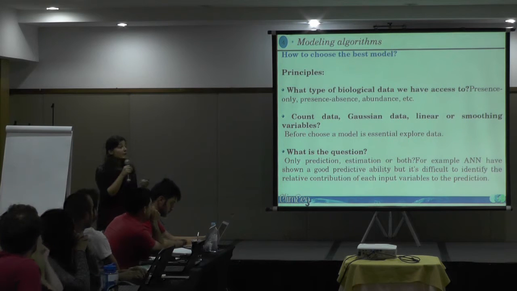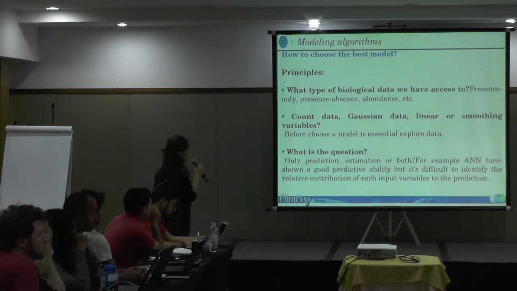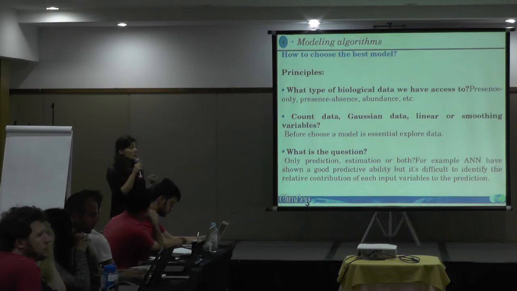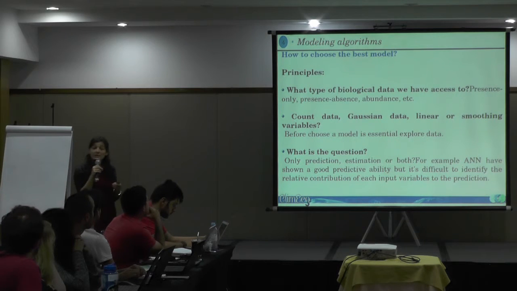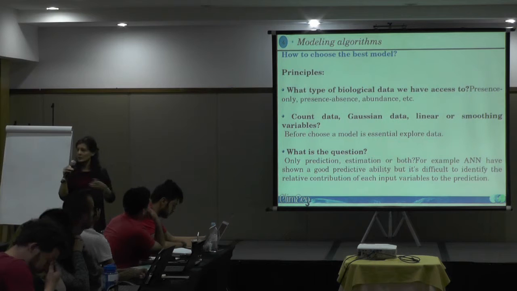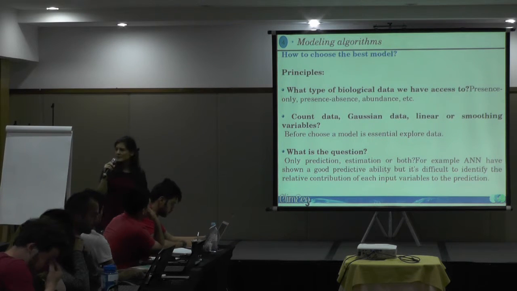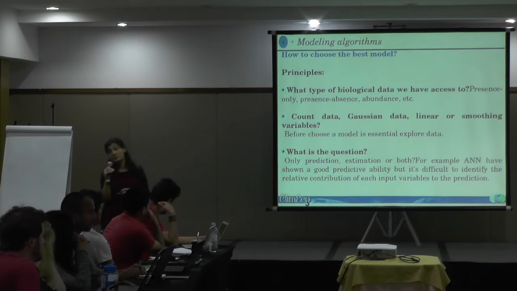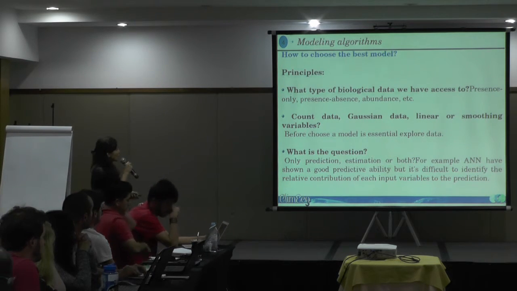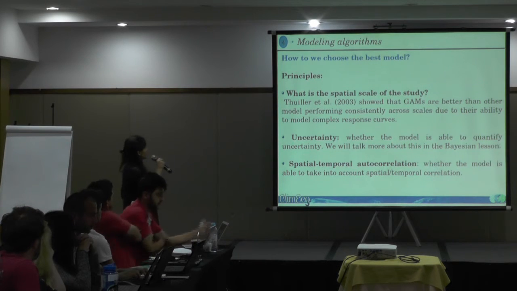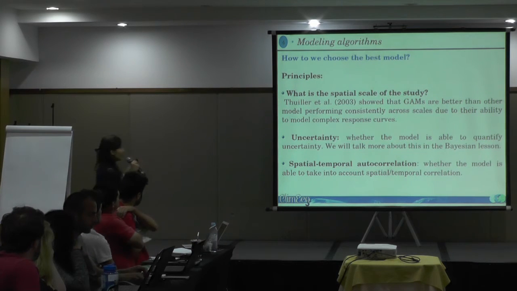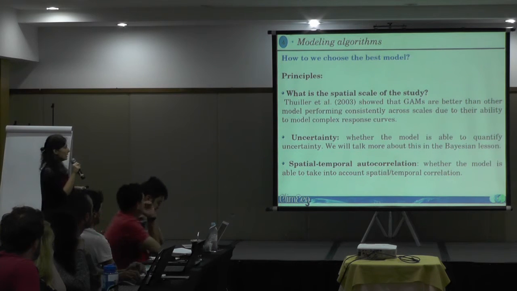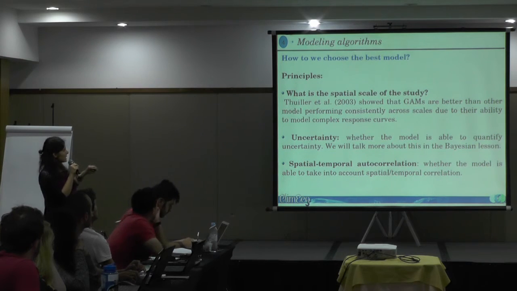And also the objective of your study matters, because sometimes you are more interested in the relationship between the species and the environment, and sometimes you are more interested in the prediction, for example, to see the species in future times. So there are some models that work well for estimation, and other models that work better for prediction.